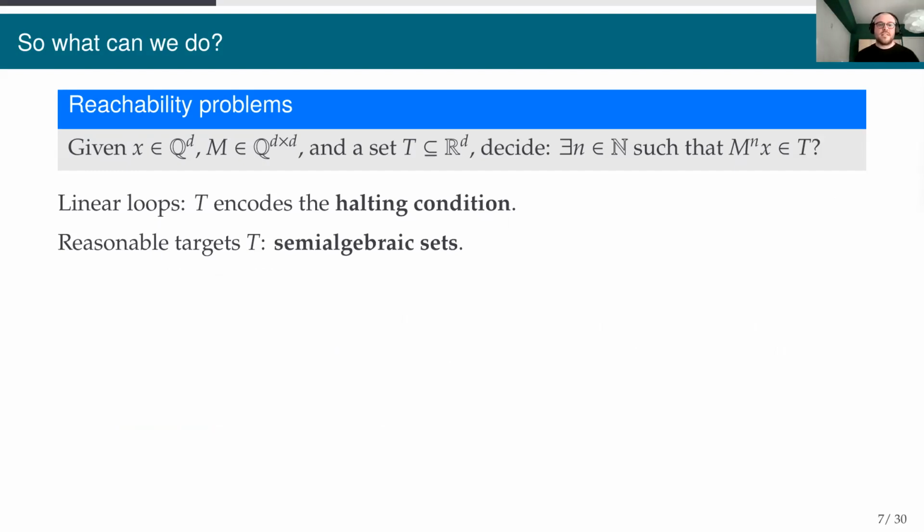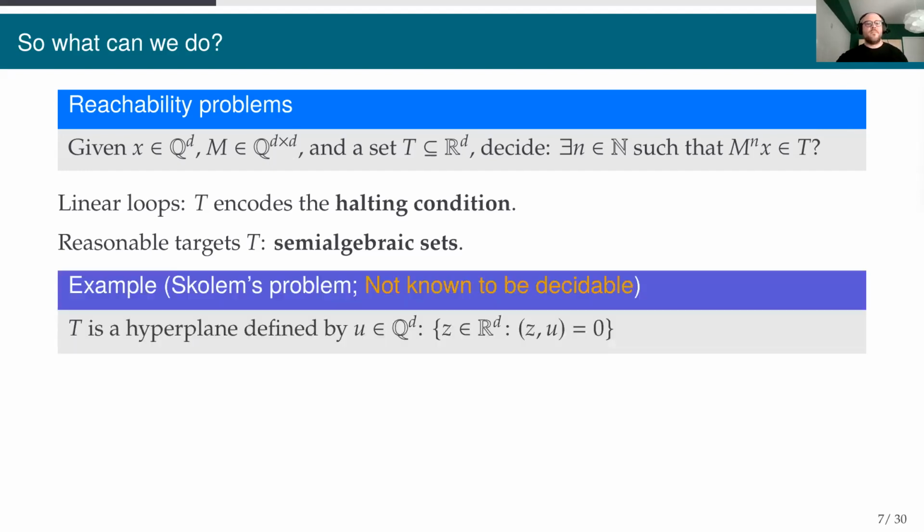These are sets that you can define using Boolean combinations of polynomial equalities and inequalities. You are talking about loops or programs on computers, so that's a reasonable assumption. But already Skolem's problem falls within this regime. It is this hyperplane reachability, and it's plain to see that this hyperplane is a semi-algebraic set.